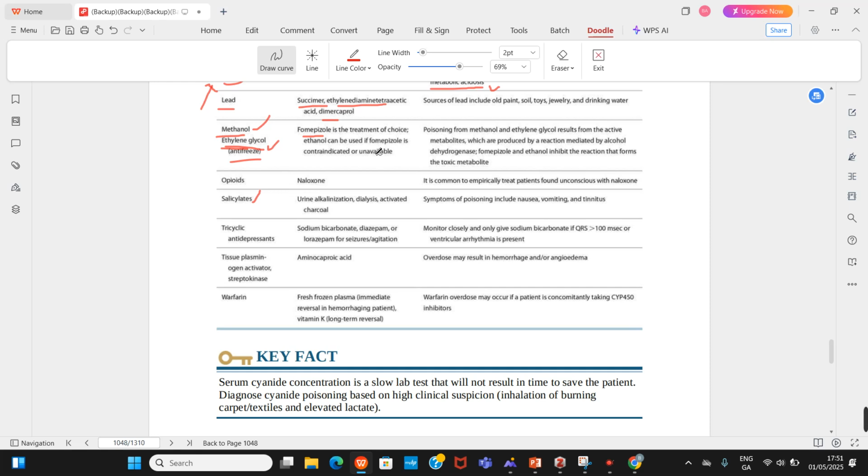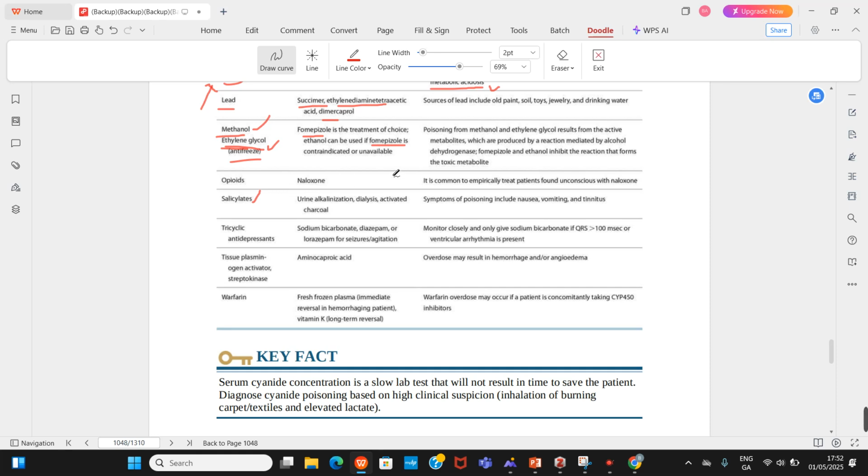So by giving fomepizole. Or if you cannot give fomepizole, give ethanol. Why? Because the enzyme that oxidizes these guys, we call that enzyme alcohol dehydrogenase. So the ethanol is going to compete with them for that alcohol dehydrogenase. So it's going to oxidize ethanol instead. Instead of oxidizing methanol or ethylene glycol, it is ethanol that is going to be oxidized, which is good.